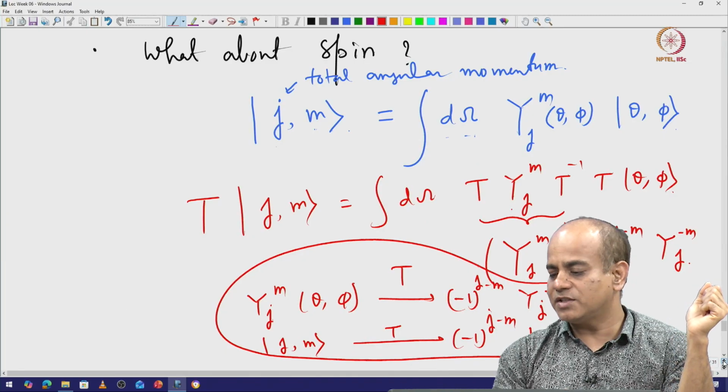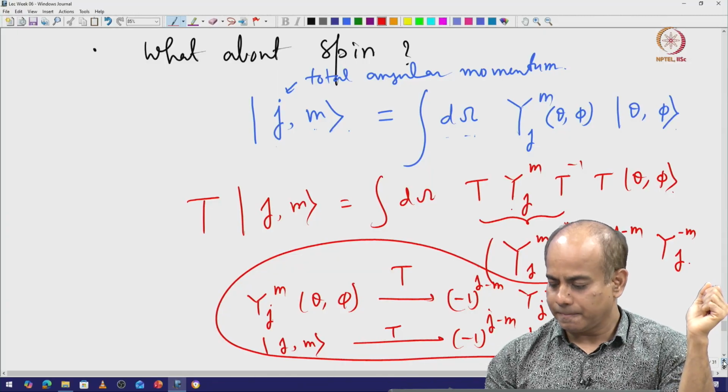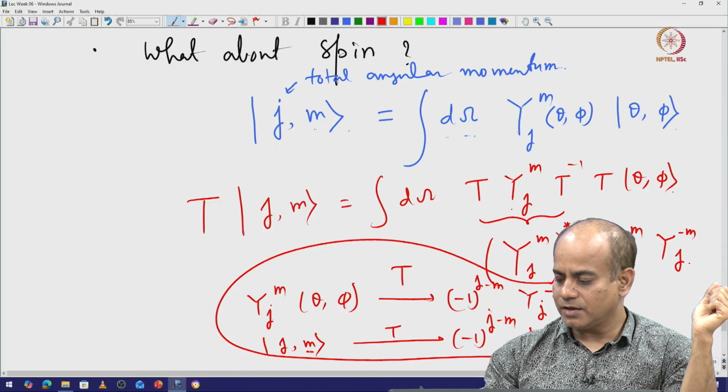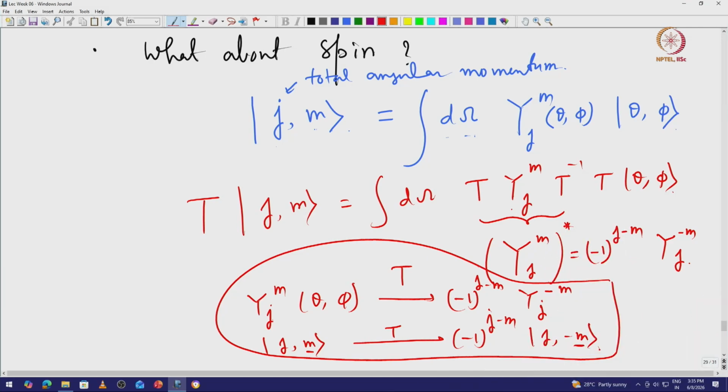If it is an up spin state, it will always go to down spin under time reversal, even for integer values or half integer values, or even for angular momentum also. Only for integer angular momentum, when m equal to 0, then it will not change, but otherwise if it is up spin it will go to down spin, and for spin half you only have up spin and down spin.